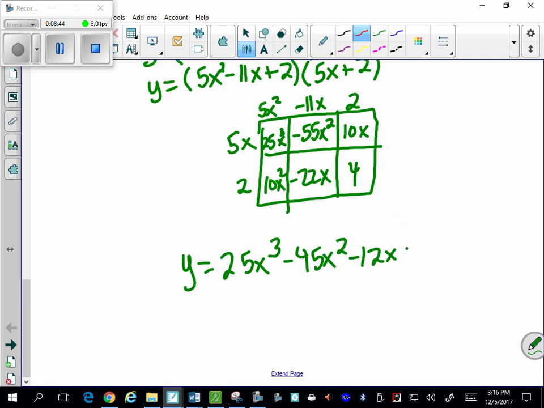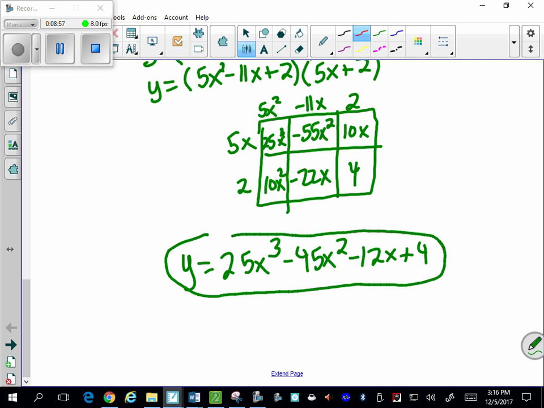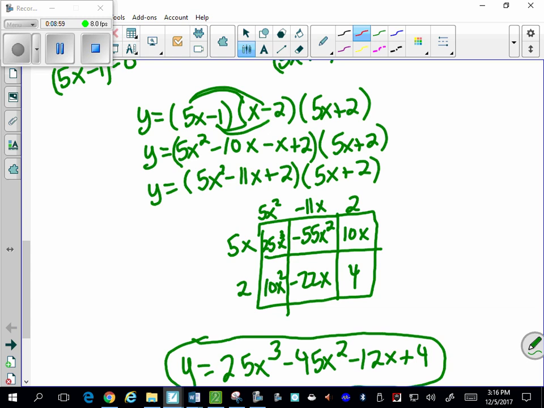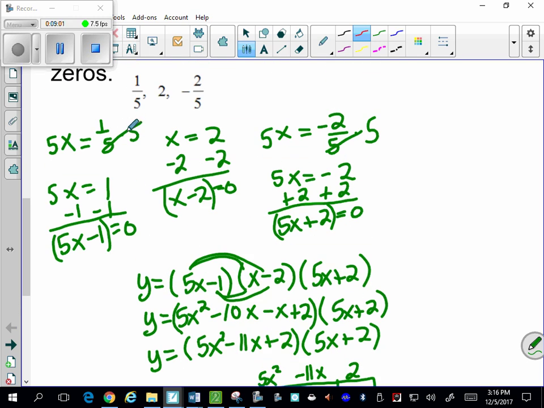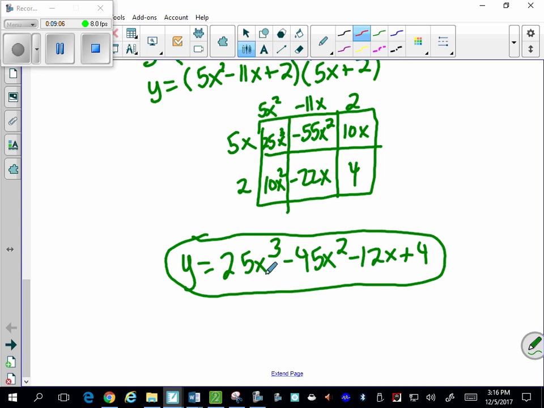If you were to put this polynomial function into a calculator, you would get solutions of the zeros at the beginning. You would get negative 2/5, 2, and 1/5 as where it would cross the x-axis. So this is 7C. Thank you.